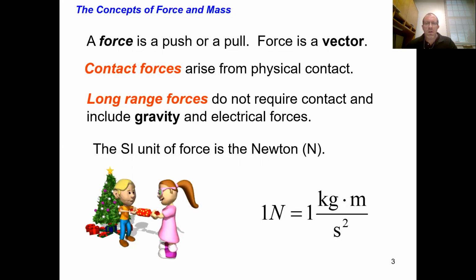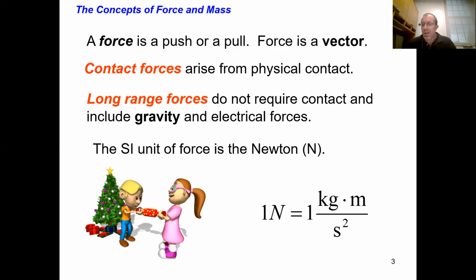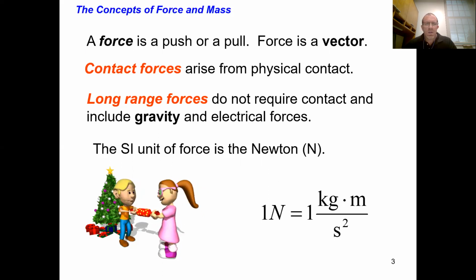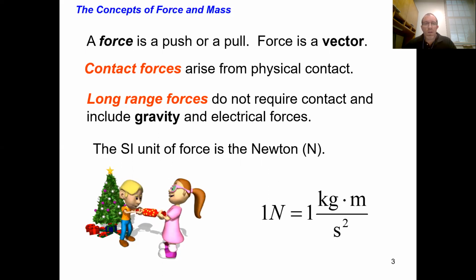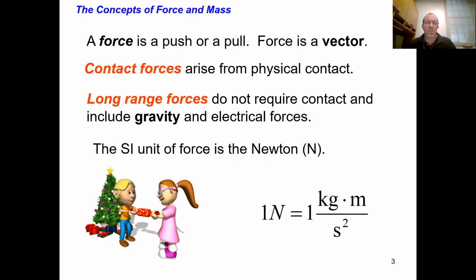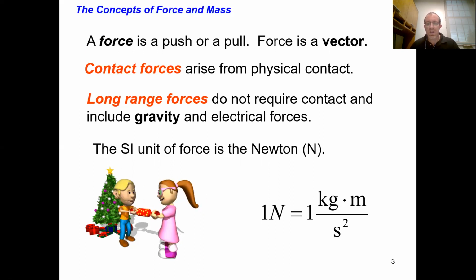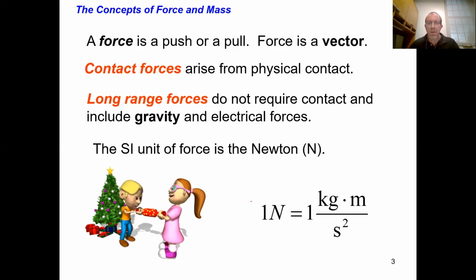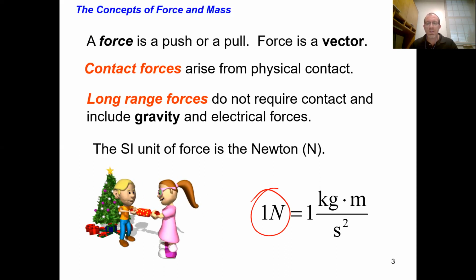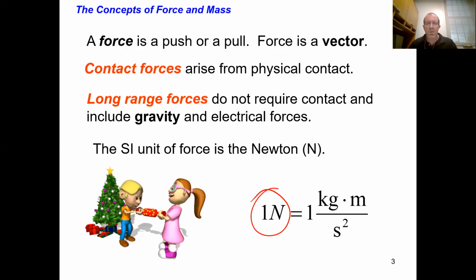Or friction, or air resistance, which we sometimes call drag, tension, buoyancy. Those are all contact forces. The only long-range force we have is gravity. Now, the SI unit of force is the Newton. It's right there, and a Newton literally is a kilogram meter per second squared.